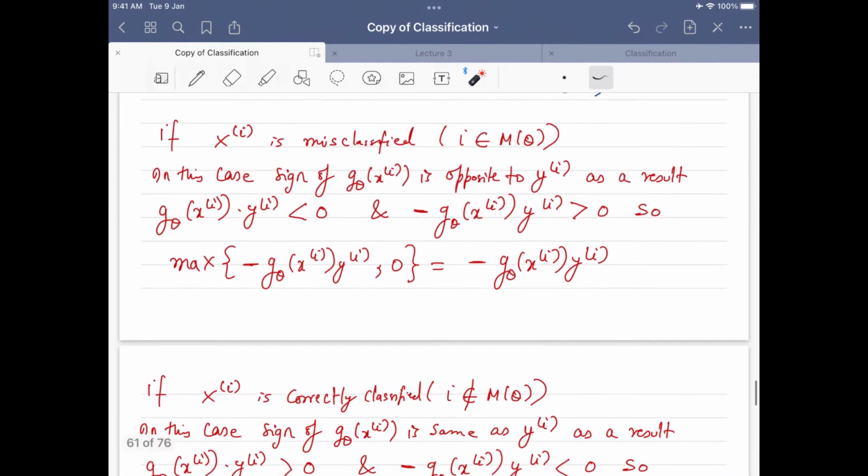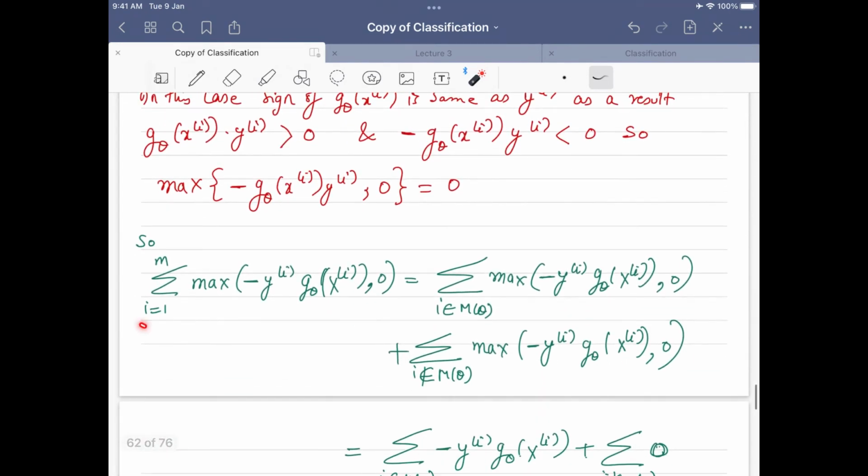You can split this sum into 2 parts: the first part is all the points which belong to m theta, and the second part is all the points which do not belong to m theta. When you add both of these, the total will be i running from 1 to m.